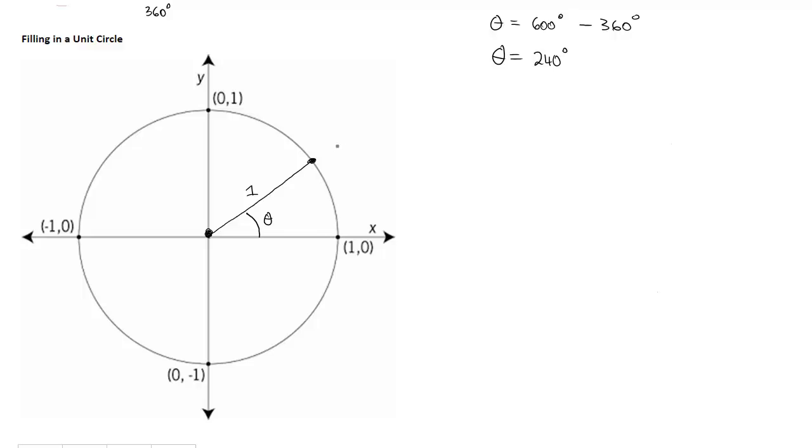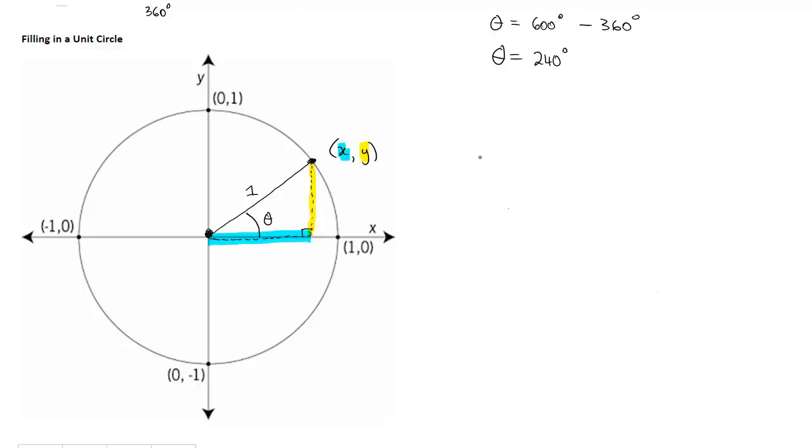Can you see how we can set up a triangle? We've got an x and a y coordinate. The y is going to be this size here, and the x value is going to be right this part.